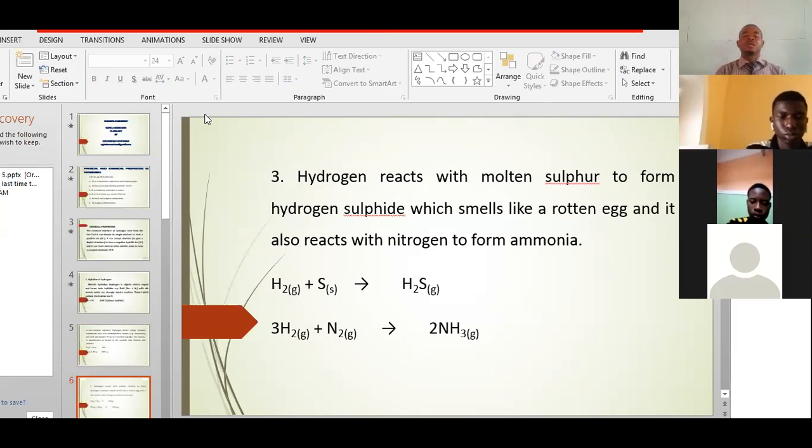I repeat, number 3 chemical properties of hydrogen: hydrogen reacts with molten sulfur to form hydrogen sulfide, which smells like a rotten egg, and it also reacts with nitrogen to form ammonia.